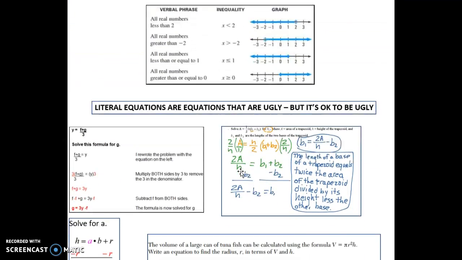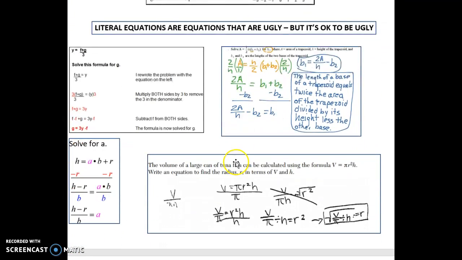The last thing I want to talk about for this particular review session are what's called literal equations. Remember, literal equations are ugly, but I've told you before, it's okay to be ugly. I live with it every day. So in this particular problem, if we want to solve for g, the first thing you want to do, even though the answer doesn't really have things that are going to disappear, we want to multiply both sides by 3, because if we do that, it's kind of like cross multiplying, then the 3 goes away in the denominator.